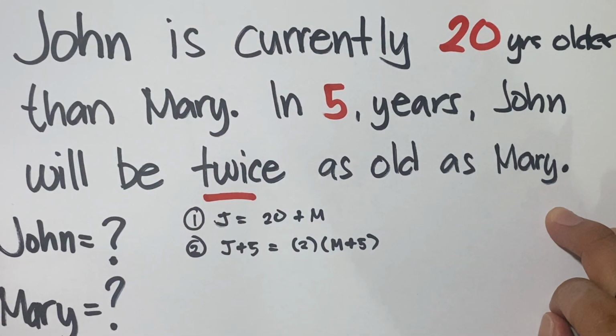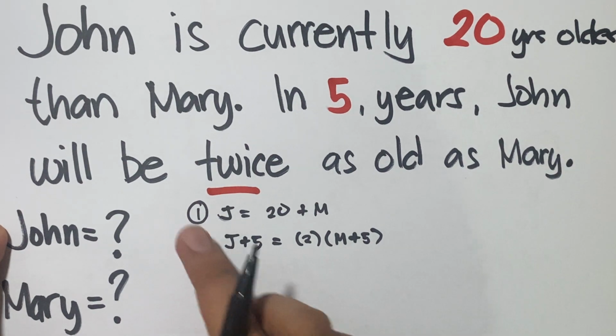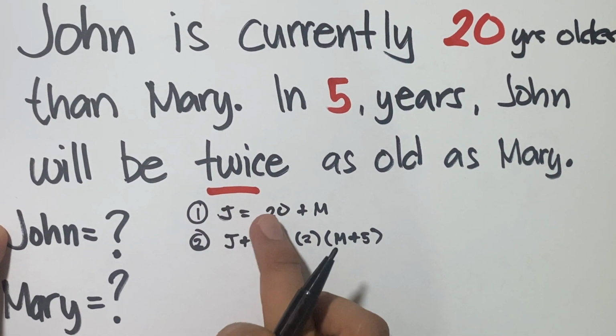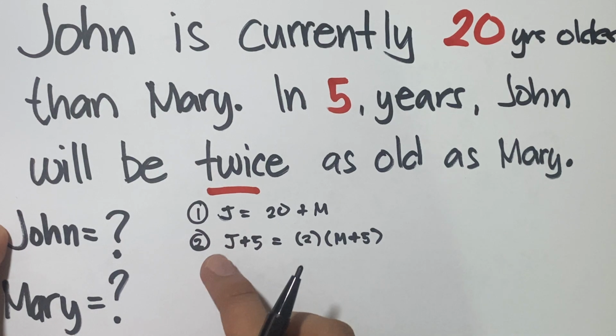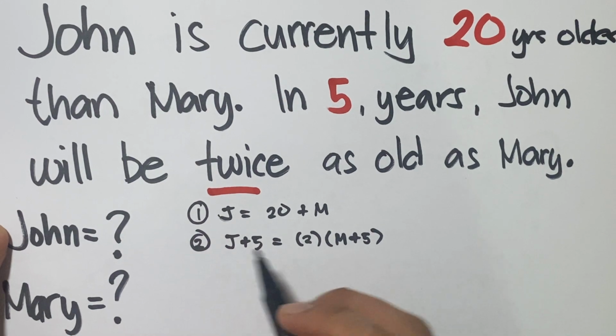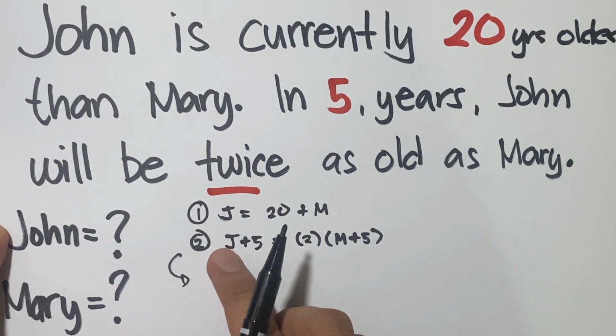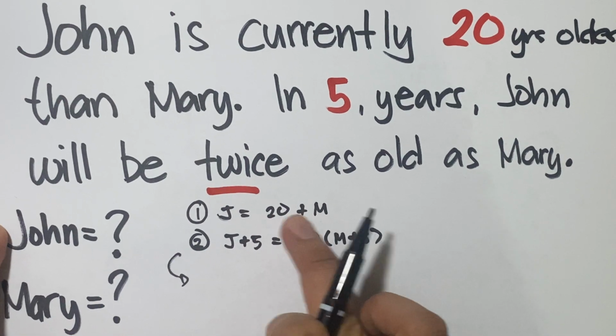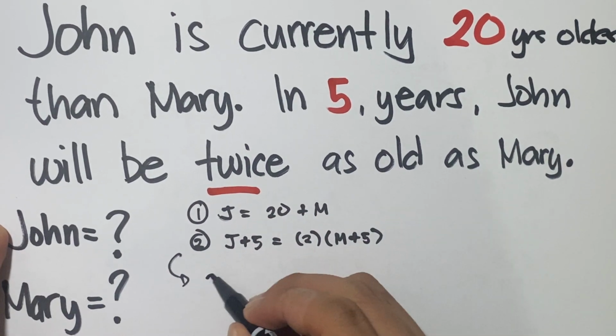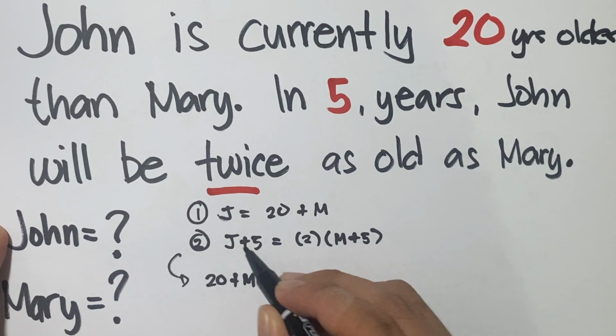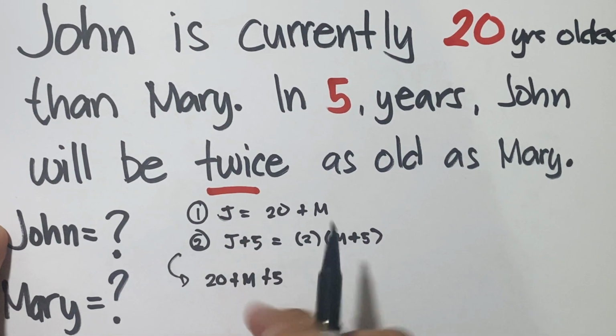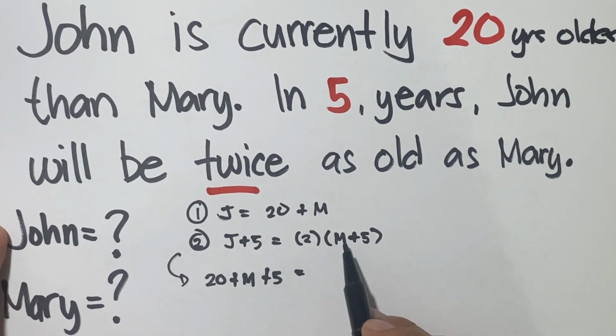Now we're going to proceed with the solution. We have here the value of our J, which is equal to 20 plus M. All we have to do is substitute that in our equation 2. So instead of having J here, we use this equivalent value of 20 plus M, and we are going to retain this plus 5 is equal to 2 times M plus 5.